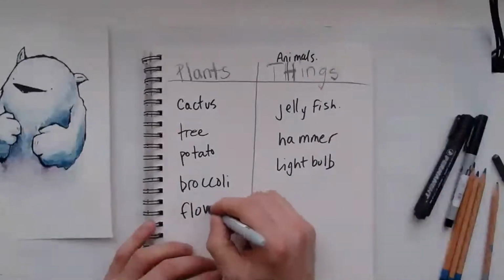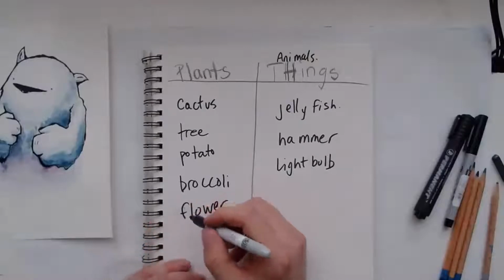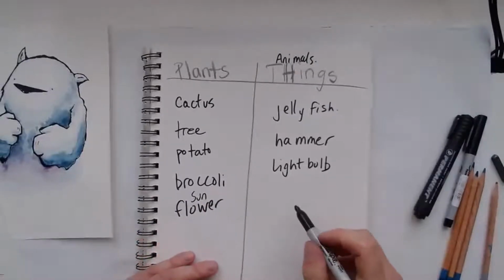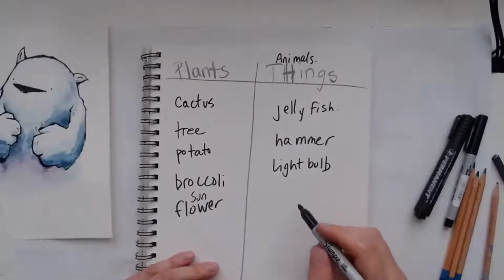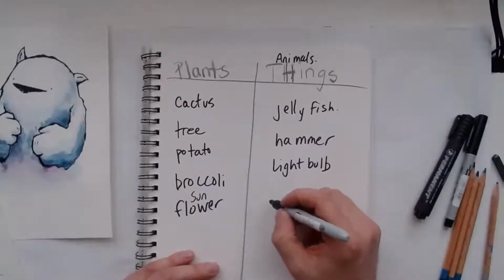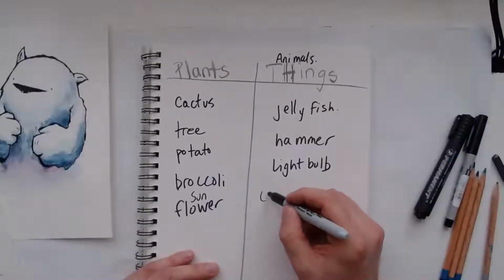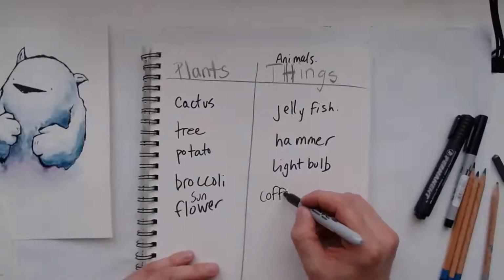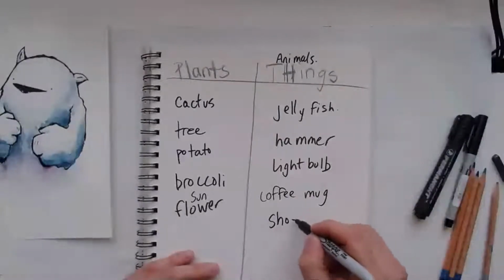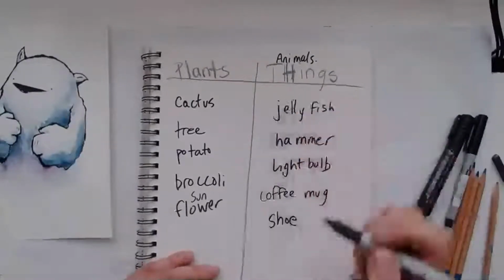And I'll do a flower. You can get more specific, like actually maybe I'll do a sunflower. And then on this side I need two more. A coffee mug and a shoe. Only have one animal in there.